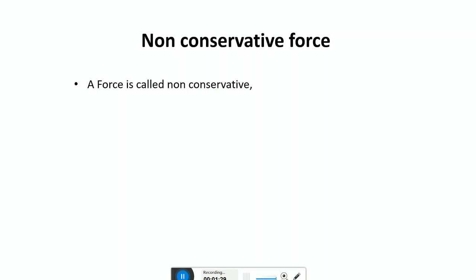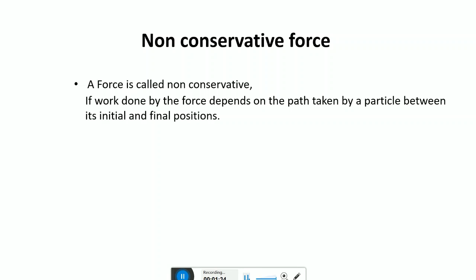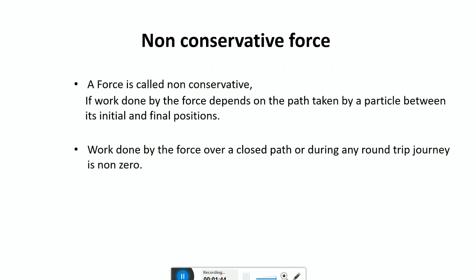Means, a force is called non-conservative if the work done by the force depends on the path taken by a particle between its initial and final positions. Another definition of a non-conservative force is that the work done by the force over a closed path, or during any round-trip journey, is non-zero.